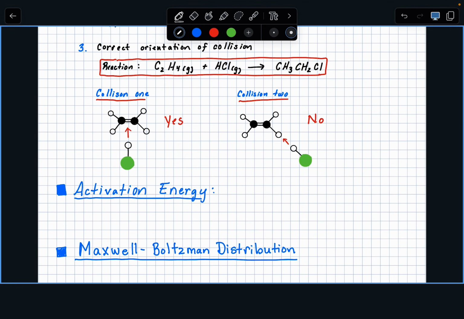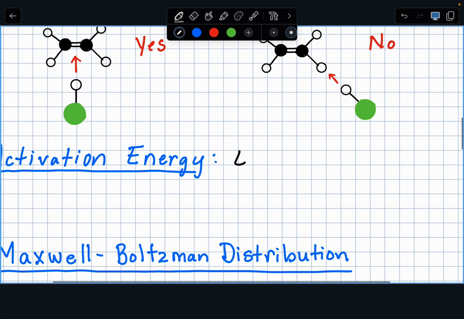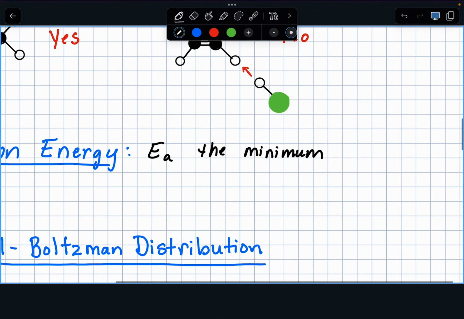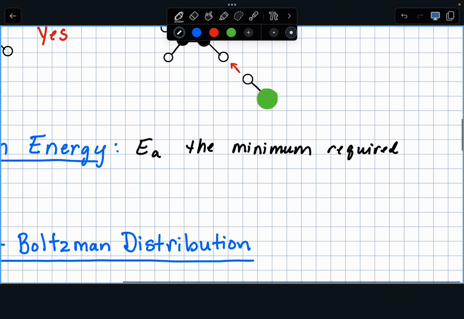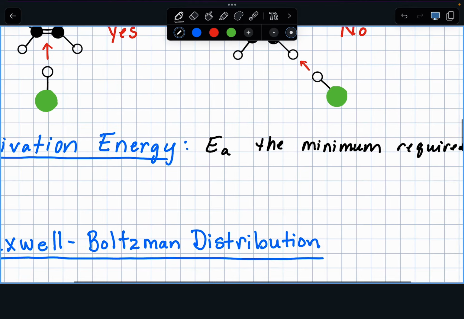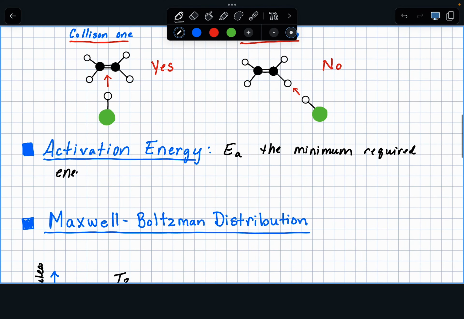So activation energy is really important in chemistry, and it's defined as the minimum amount of energy, the minimum required energy, to have the reactant particles react.